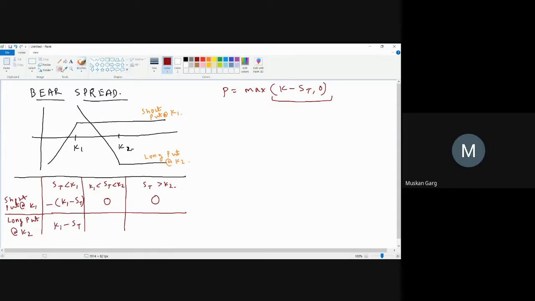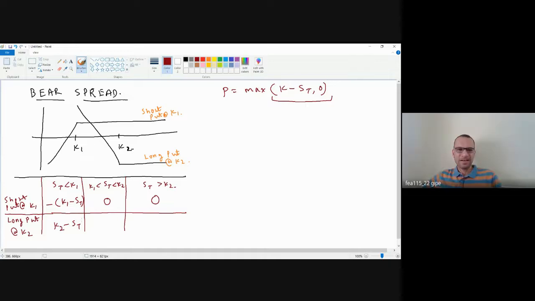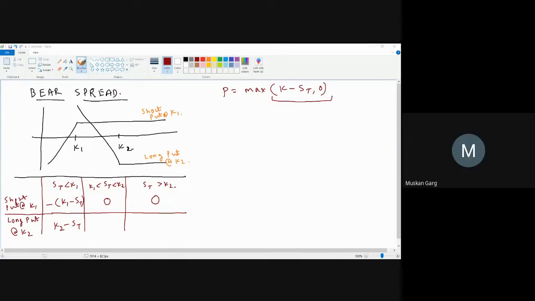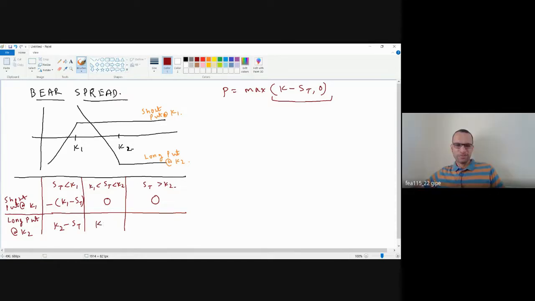Very good. Correct. And for the next regions, will I get something? K2 minus ST and 0. Very good. I wrote K1 there because our option has been struck at K2, but good, you caught it. Thank you for that.